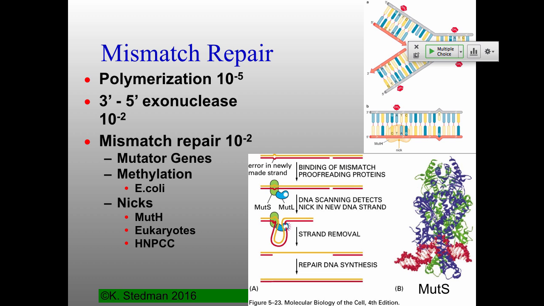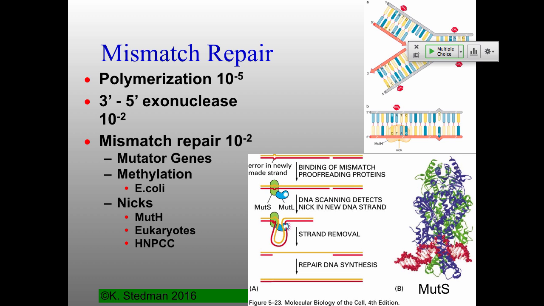So they called all of these different mutants mut mutants. So if you have a change in this gene, it causes a higher mutation rate. So what we end up with, mut S, mut L, lots of different genes, and mut H, which are involved in this extra quality control process.